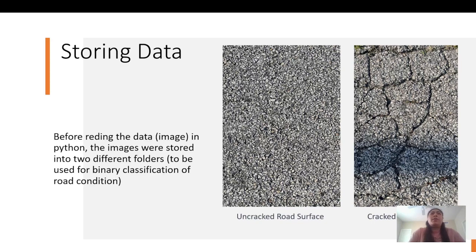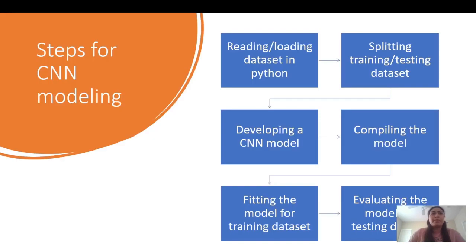For the model development, initially the data has been stored in two different folders, one folder with the uncracked surface pictures and one folder with all the cracked pictures, so that we can import the data by giving different directories in Python. So talking about the steps, I want to go briefly over them.